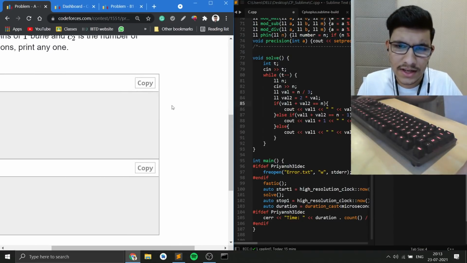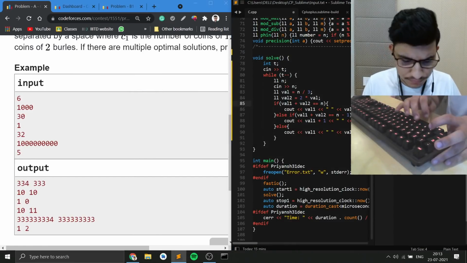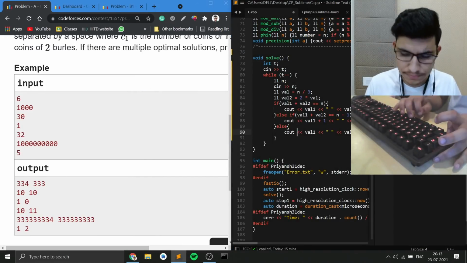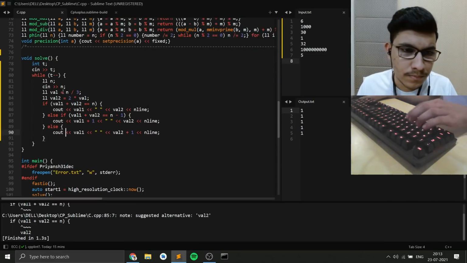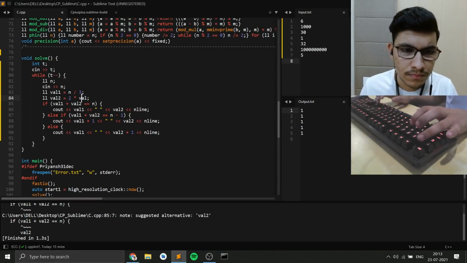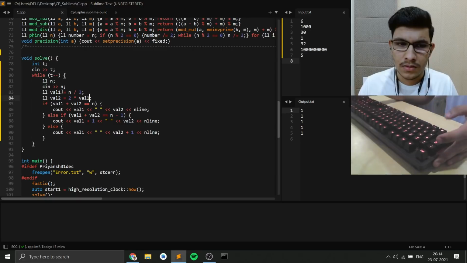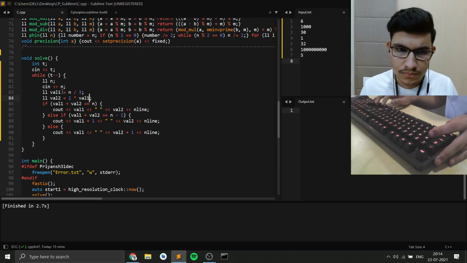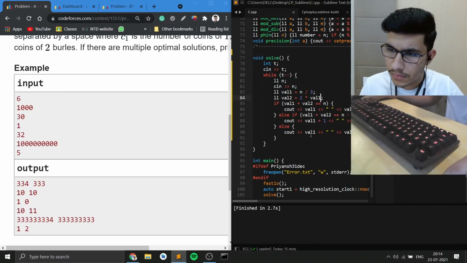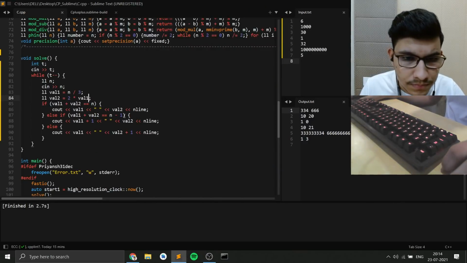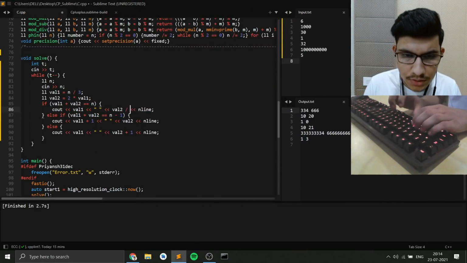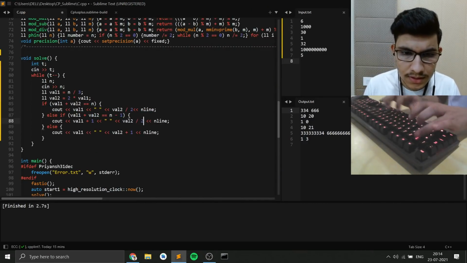Because clearly if I divide the number by 3, then the remainder can be only 2 or 1. This has to be val2 divided by 2, similarly val2 divided by 2.